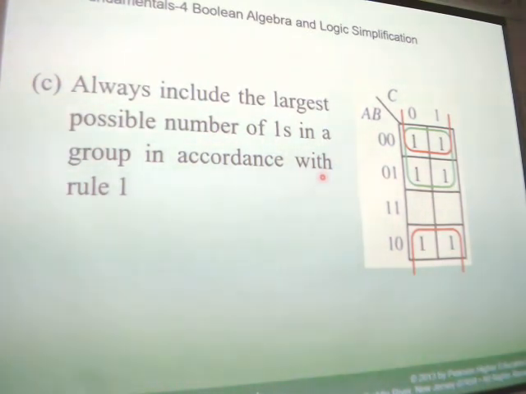So if there are 4 ones adjacent to each other, we can divide the 4 ones into one group.